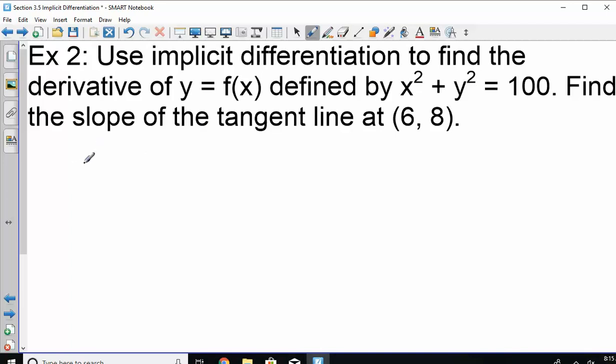The derivative of x squared would be 2x plus, when we do the derivative of y squared, we're going to follow our regular derivative rules. So the derivative of y squared would be 2y. But because x is the variable I'm doing my derivative in terms of, I'm also going to write a dy dx with that.